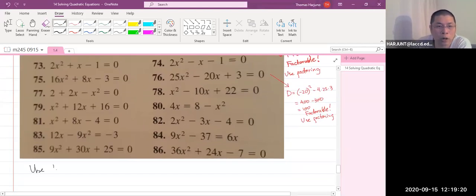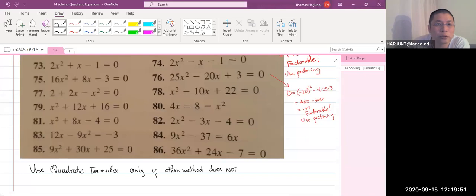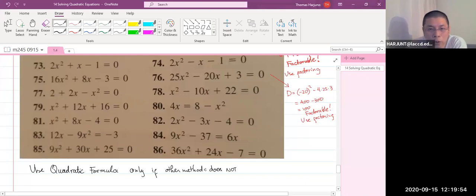Use quadratic formula only if other methods do not work.